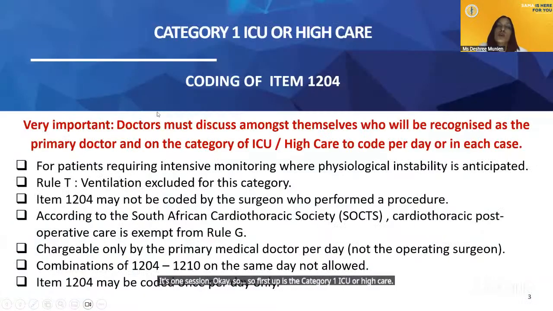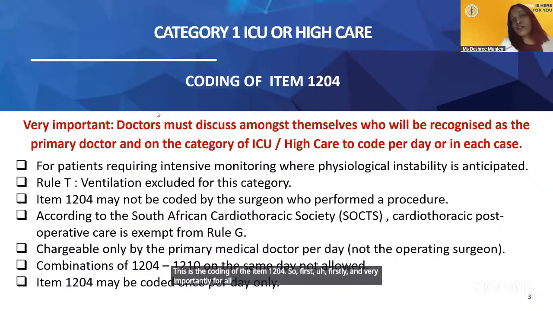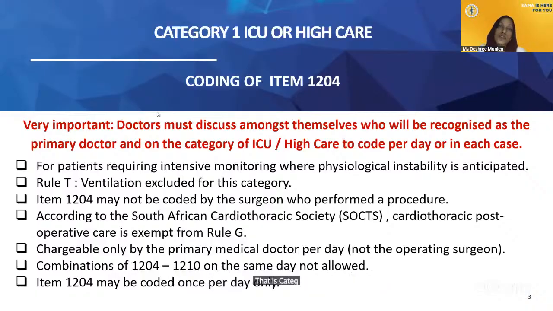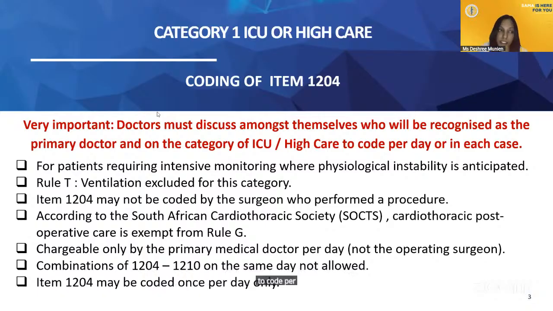First up is the category 1 ICU or high care, the coding of item 1204. Firstly and very importantly, for all categories of ICU and high care, that is category 1, category 2, category 3, the doctors must first discuss amongst themselves and agree who will be recognized as the primary doctor, and on the category of ICU or high care to code per day in each case.